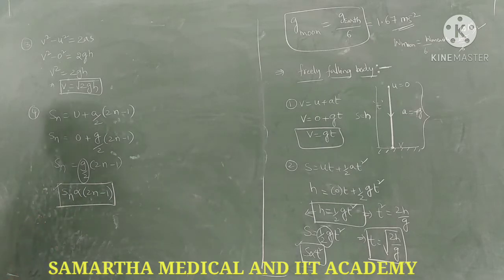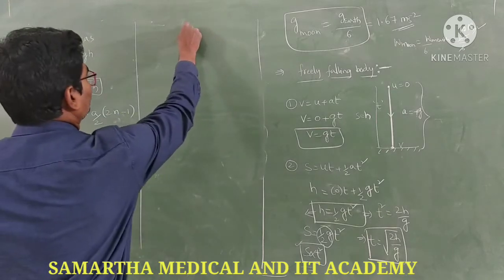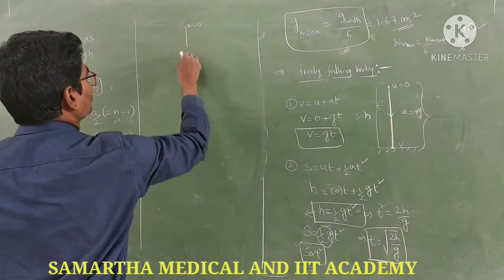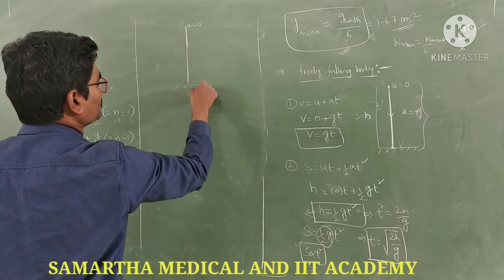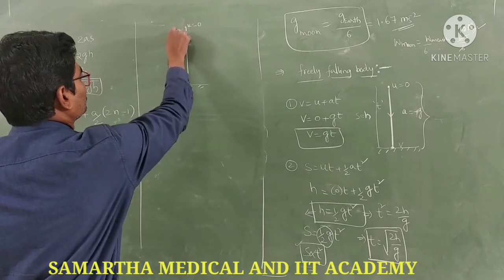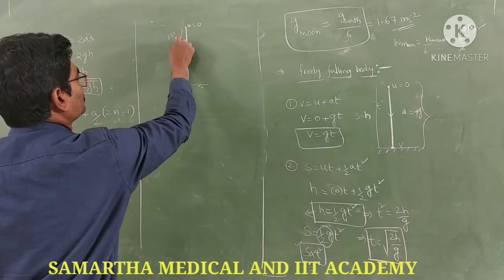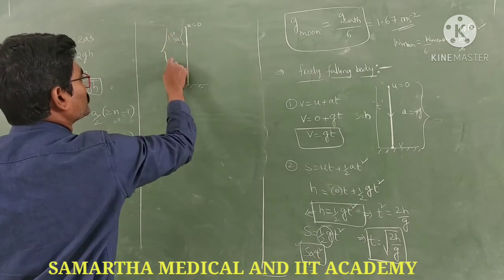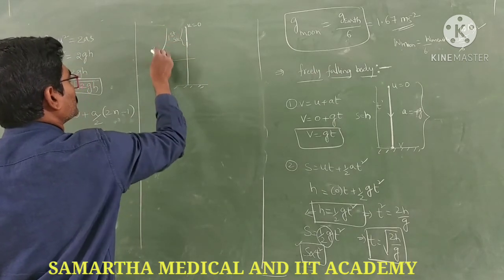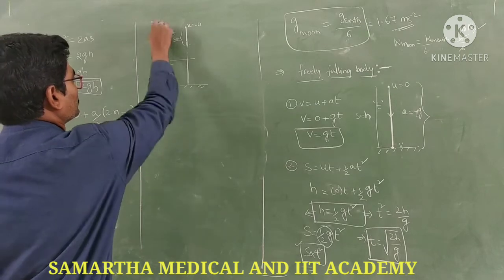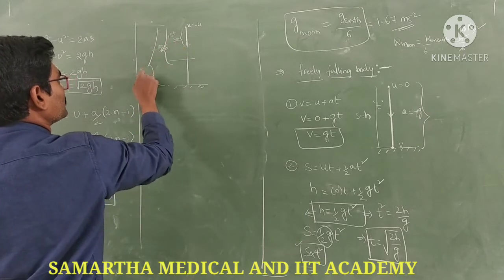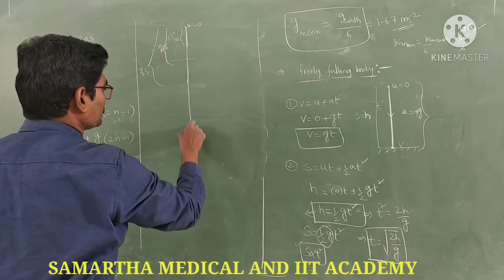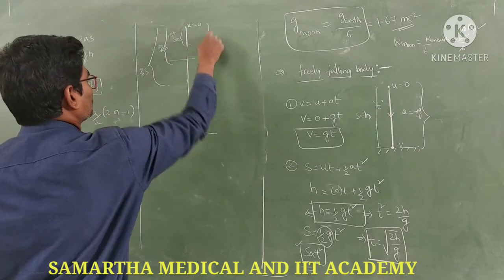Suppose a body is dropped from a particular height, so u is equal to 0. Consider the ratio of distance covered. Suppose it takes some time to reach the ground. In the first second, then the first 2 seconds, then the first 3 seconds, then the first 4 seconds.